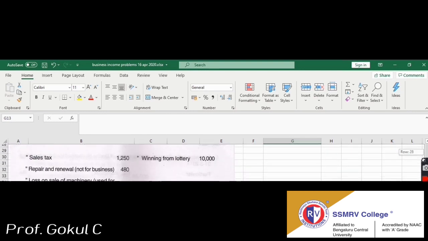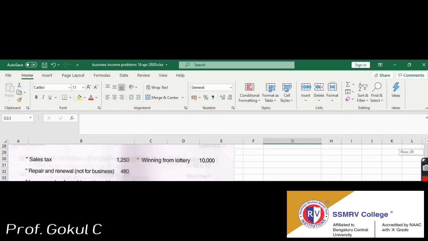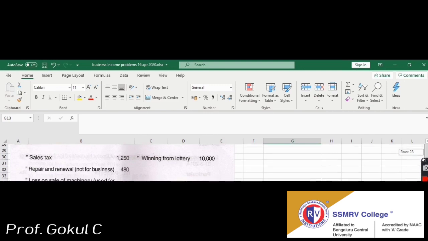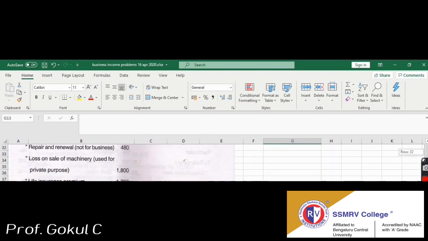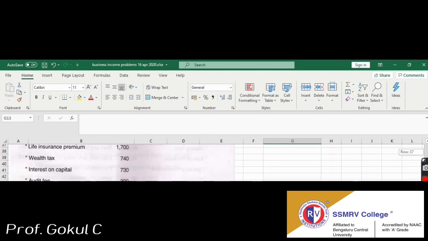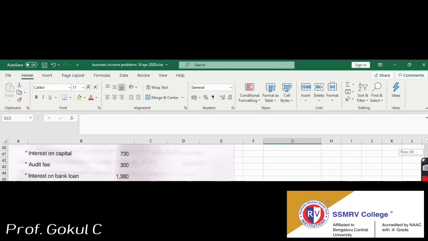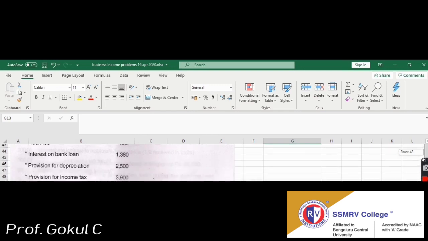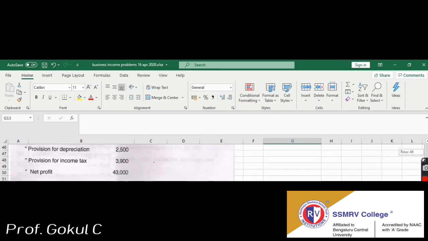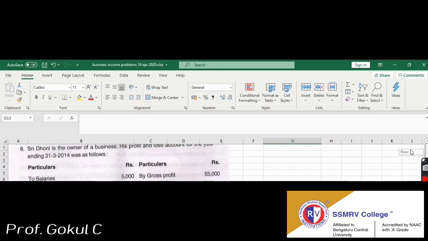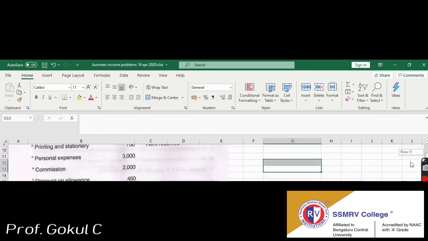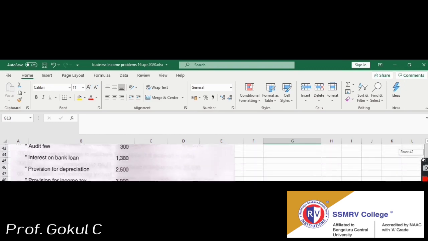Then, of course, sales tax on the debit side, repairs and renewals not for business, loss on sale of machinery used for private purpose, life insurance premium, wealth tax, insurance, interest on capital, audit fees, interest on bank loan, provision for depreciation, provision for income tax, net profit. And on the credit side, you have gross profit, interest on investment, rent received, and winning from lotteries.